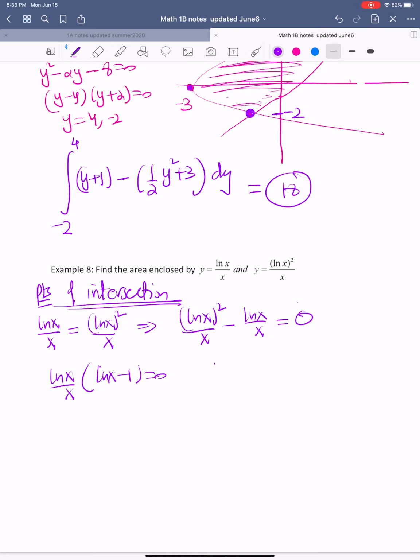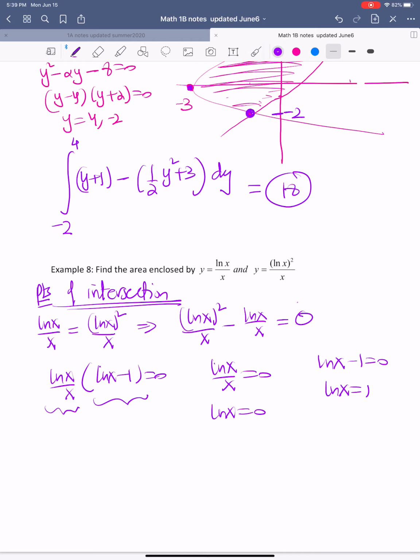Now if I set each factor equal to 0, natural log of x over x equal to 0, and natural log of x minus 1 equal to 0. This gives me natural log of x equal to 1, and this gives me natural log of x equal to 0, because if I multiply by the x, it's gone.